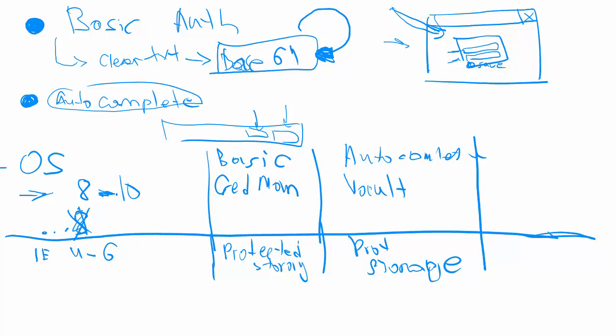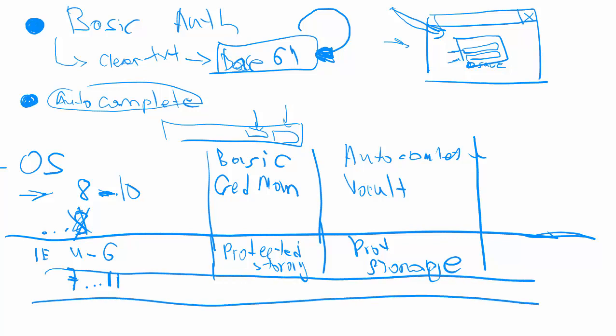if the Internet Explorer version is version 7 and all of the newest versions, so 7 till 11, the basic authentication passwords will be stored inside of the Credential Manager. So there is basically no difference between versions pre-Windows 8 and the newer versions for basic authentication.